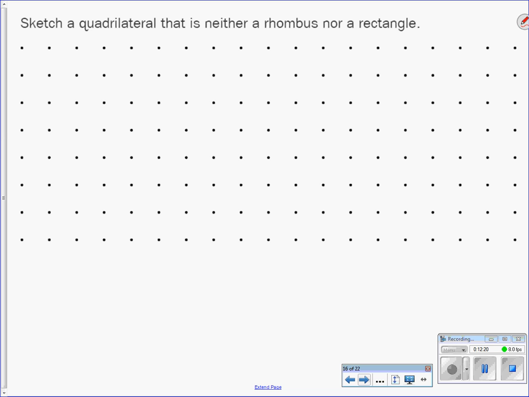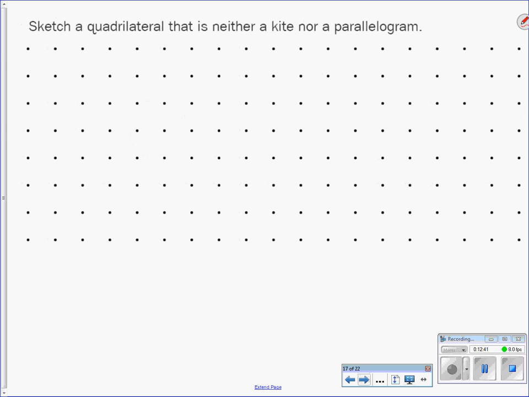Okay. Well, we could draw a square. A square is not a rectangle, but a rectangle is a square. We could draw a parallelogram that has 4 sides. So any of those would be fine.